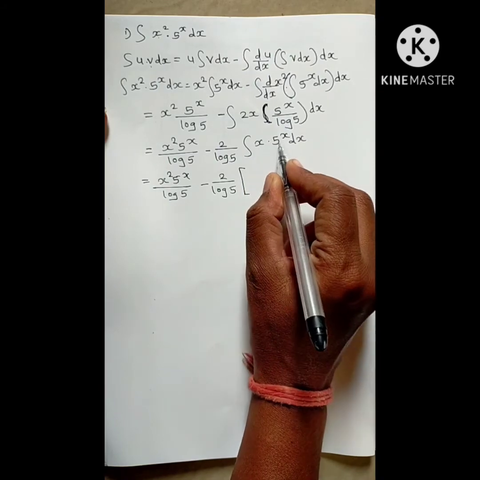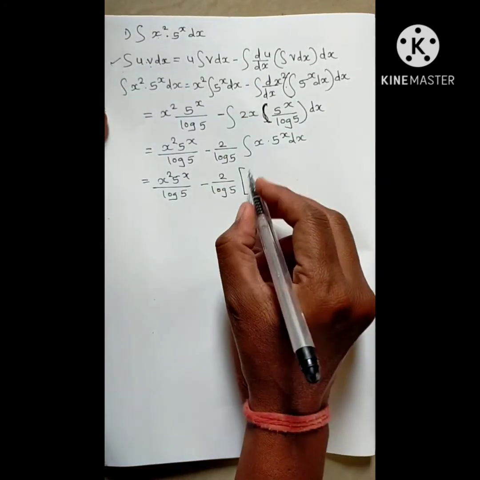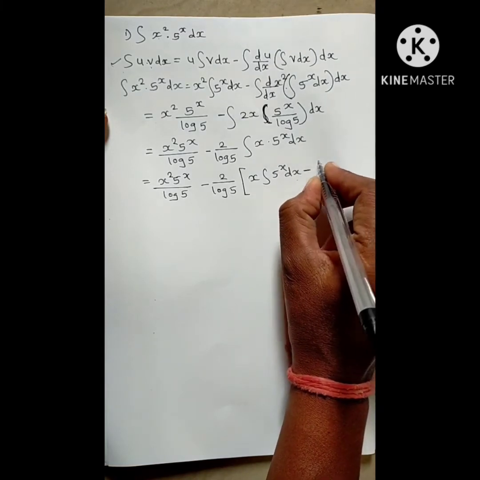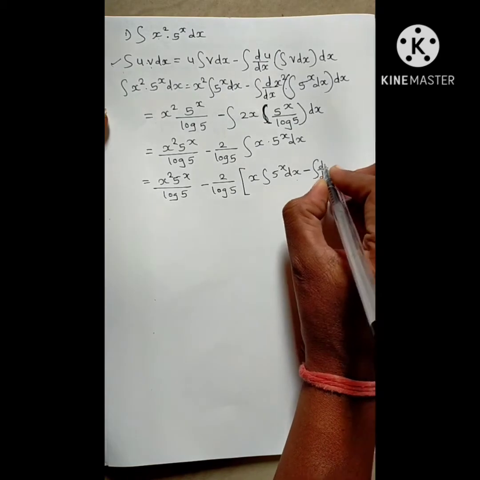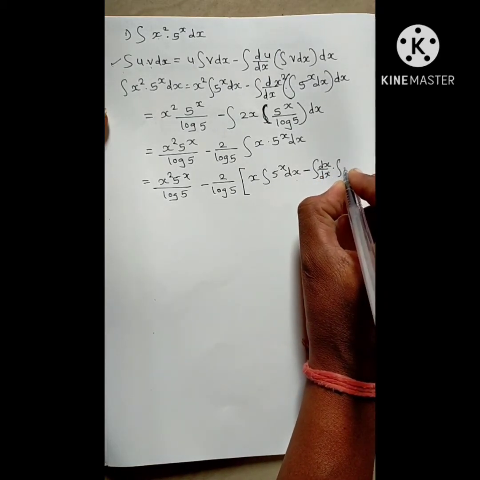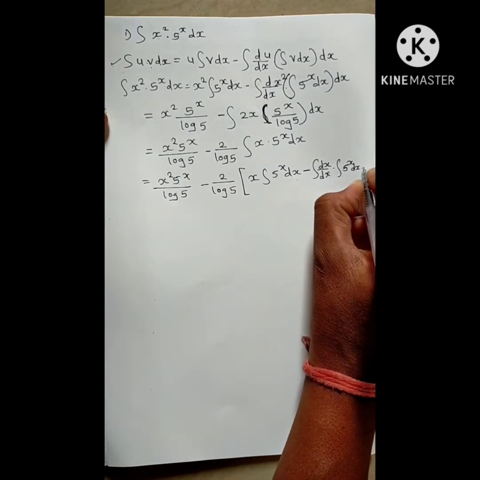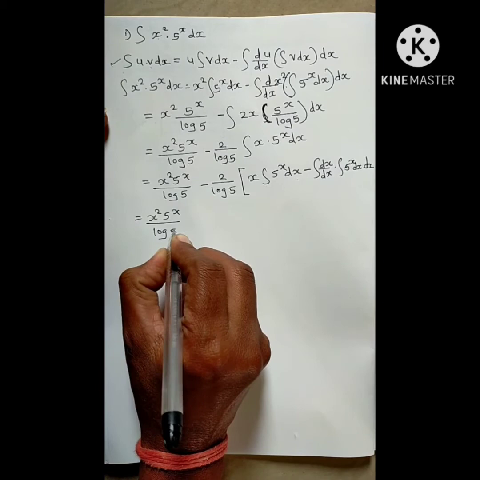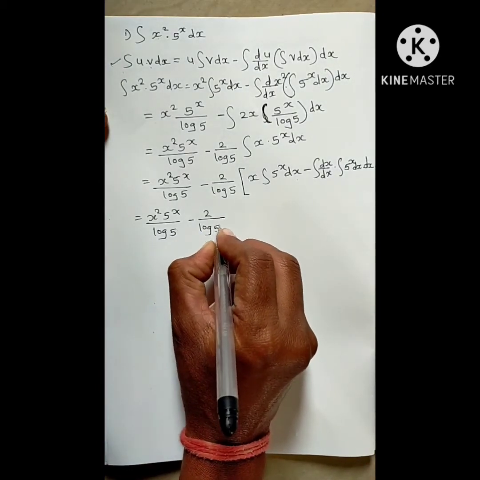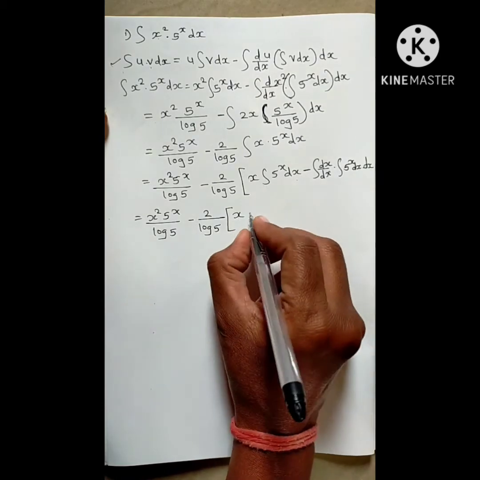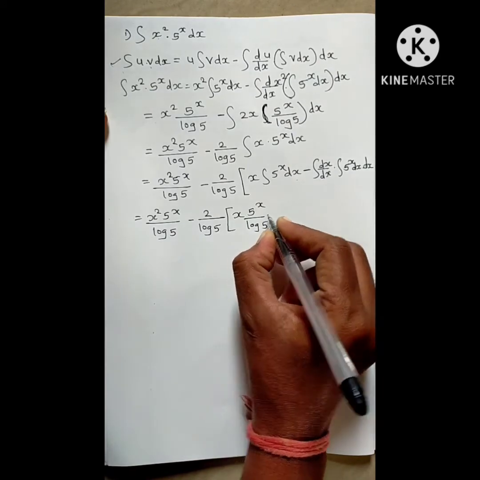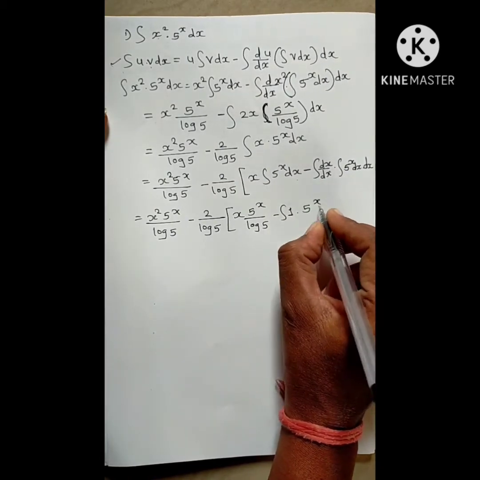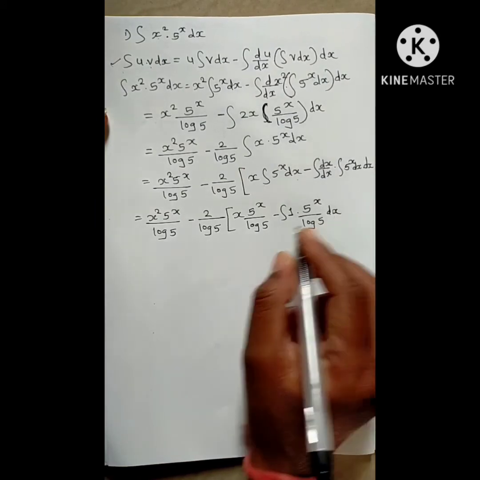Now here u is equal to x and v is equal to 5 raised to x. Using this formula, we get u integration 5 raised to x dx minus integration d by dx of x into integration of 5 raised to x dx into dx. x 5 raised to x by log of 5 minus, the derivative of x is 1, integration 5 raised to x by log of 5 dx.